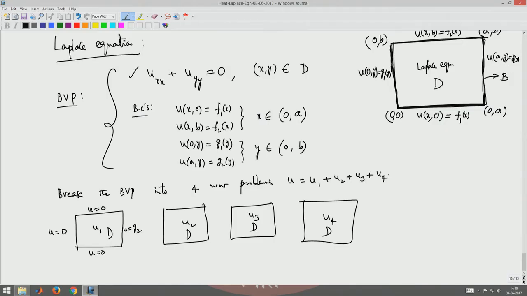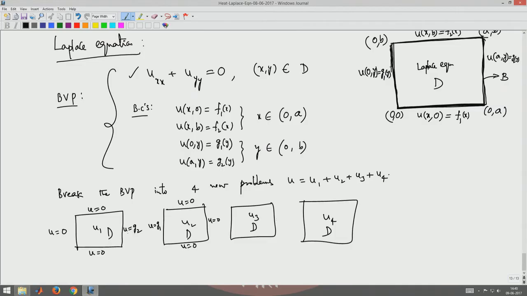Now I make this one non-zero. This side is non-zero and here I make it 0. That is problem number 2. Here u is 0, here I make u equal to g1 and here u equal to 0. So u at a, y is 0, u at 0, y is g1.